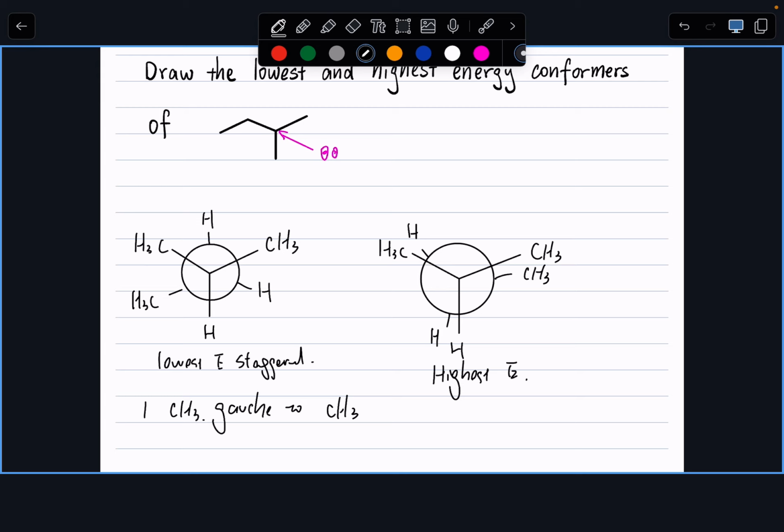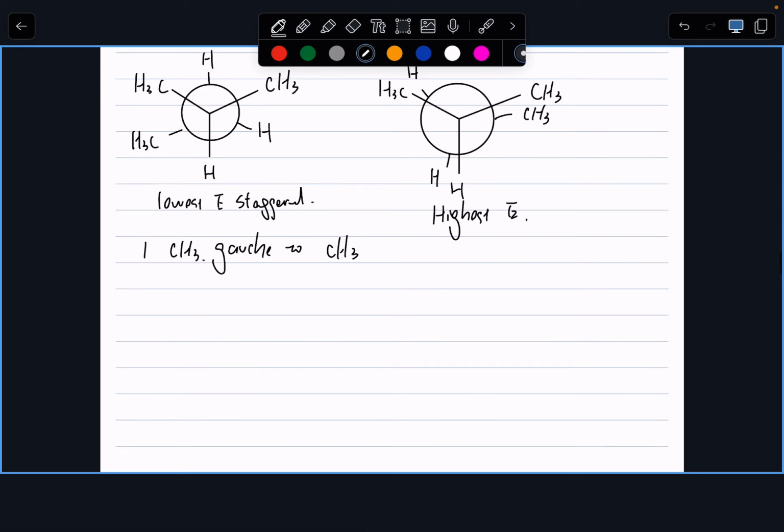Just for fun, we can also draw the second lowest and the second highest. So in general, we have 4 different conformations we can come up with in this 2-methyl butane. And what about the second lowest staggered? So the second lowest staggered would be, well, I'm keeping my methyl group unchanged.